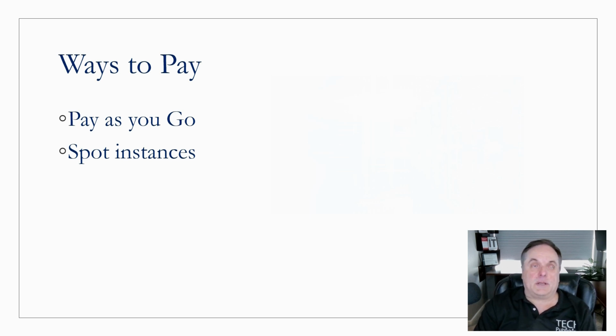You just want to use it if you have to test something out where it's okay if it suddenly shuts down. Another thing is called a reserve instance. Now, I really like this because it allows you to save up to 72% off compared to pay-as-you-go models. However, you have to reserve 2 years, 3 years, however long it is that resource is allowed to be reserved, and then you can save that money.